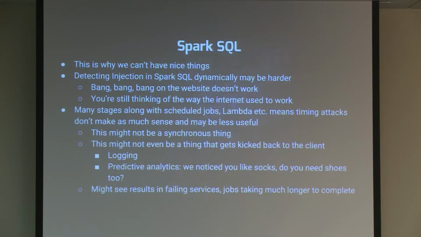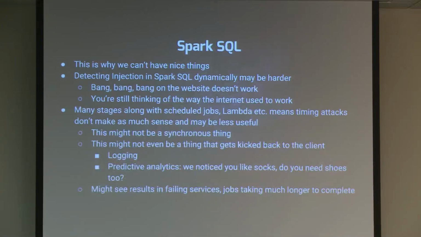Like it says in the second bullet point, if you're just banging on it with a scanner and looking for it to do something for you, you may never actually see anything back. If you're trying the traditional tricks, like in a JDBC world, introducing a benchmark or something to spit out a little bit of time delay, you may not actually see those things back.